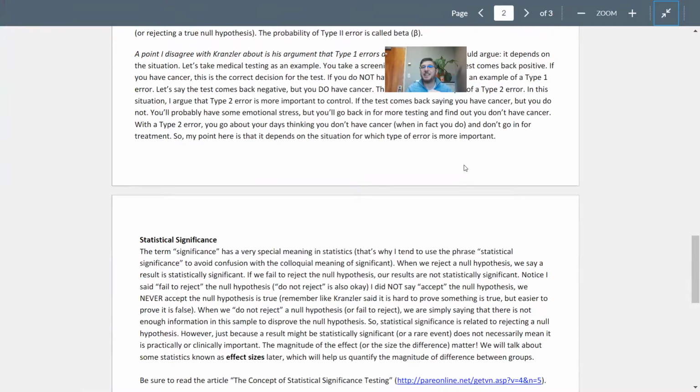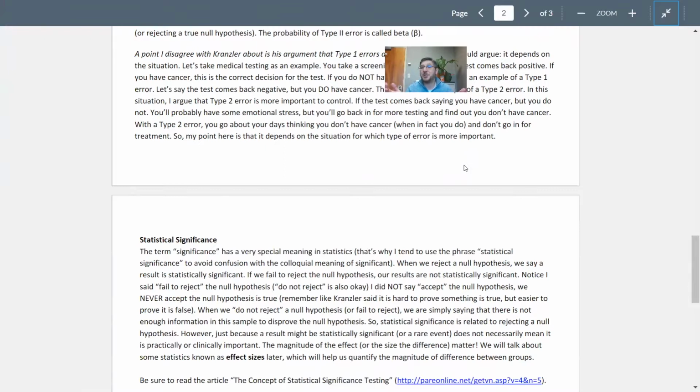Let's say the screening comes back positive, saying you do have cancer, whatever the disease is. If you do have cancer, then that's the correct decision. But if you don't have cancer, that'd be a type 1 error, right? It'd be a false positive. So let's say the test came back negative, but you do have cancer. That'd be an example of a false negative or a type 2 error.